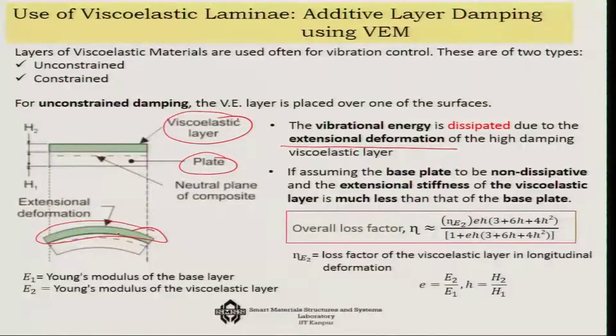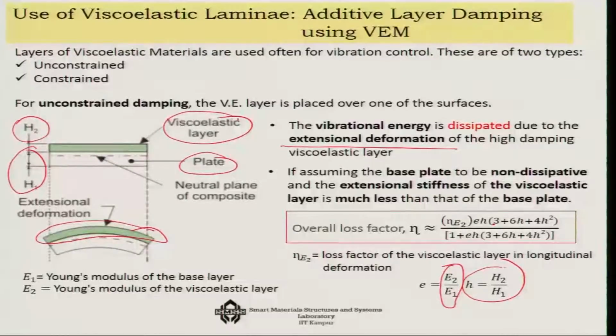The expression for the loss factor can be written in terms of the height ratio and the modulus ratio. Height ratio is h2 over h1, that is the ratio of the thickness of the viscoelastic layer and the base layer, and also the corresponding modulus of elasticity ratio. This is the way you will get the expression.